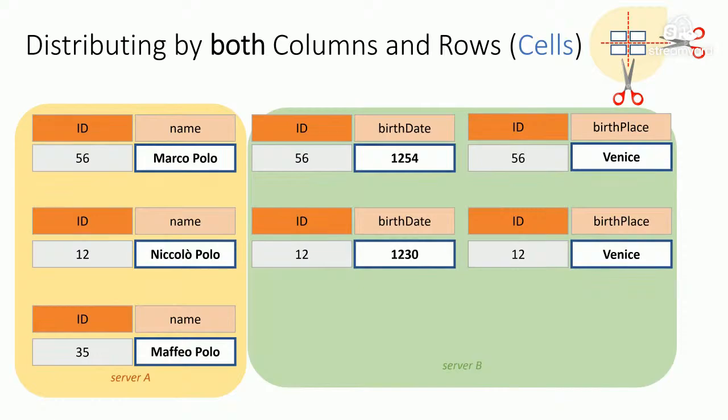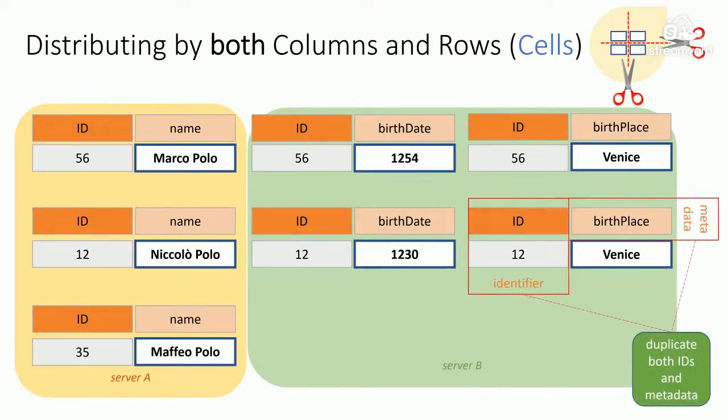So that's the highest atomization of data, which requires sharing both metadata, that is column names, and identifiers, here the numbers which identify rows. So each record must have 3 elements: its row identifier, here the numeric ID, its column name in the corresponding table, and the value at their intersection, that is the cell's value.